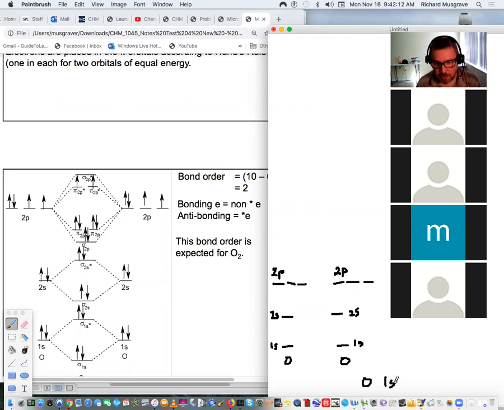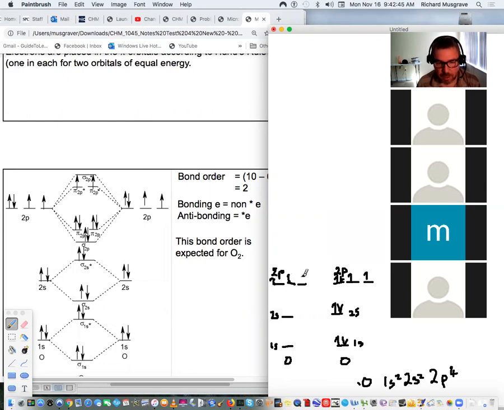It's got 8 electrons: 1s2, 2s2, 2p4. So this is before we join anything together. We'll put in the 8 electrons, so 1s2, 2s2, and then the p orbitals, we do 1, 2, 3, 4. So we obey Hund's rule here, and we put the 4 electrons into those orbitals one at a time, and then one in the last one there.